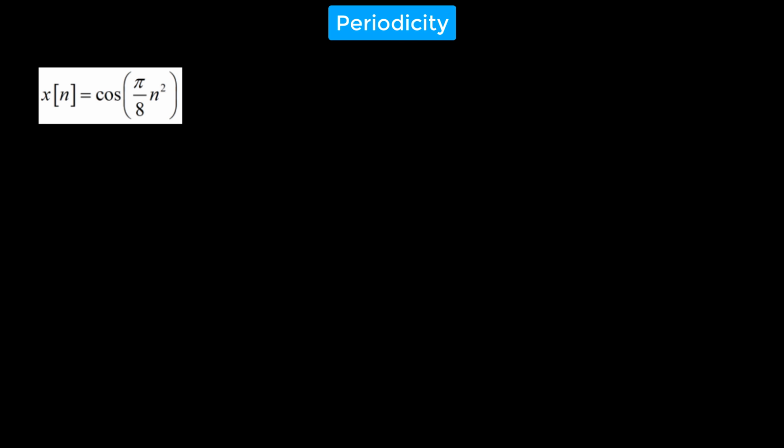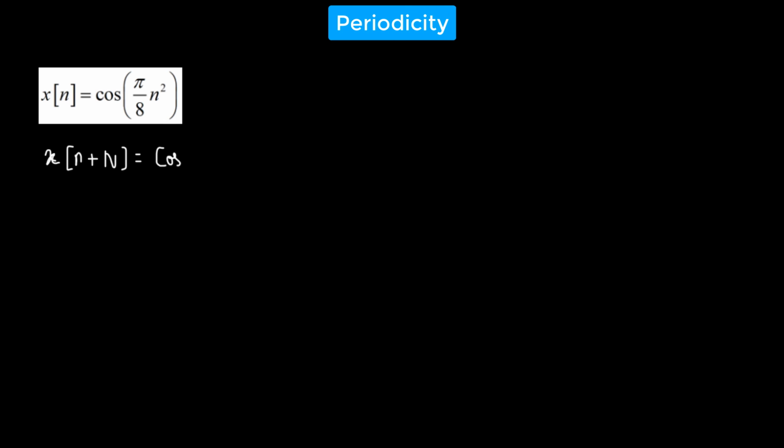So here we have a discrete time signal x of n given by the cosine of pi over 8 times n squared. In order for the discrete time signal to be periodic, we'll first find the value of x of n plus capital N, and this should be exactly equal to x of n.